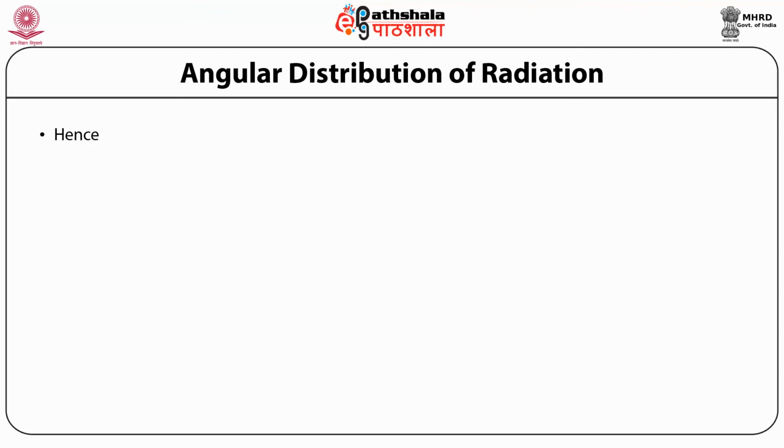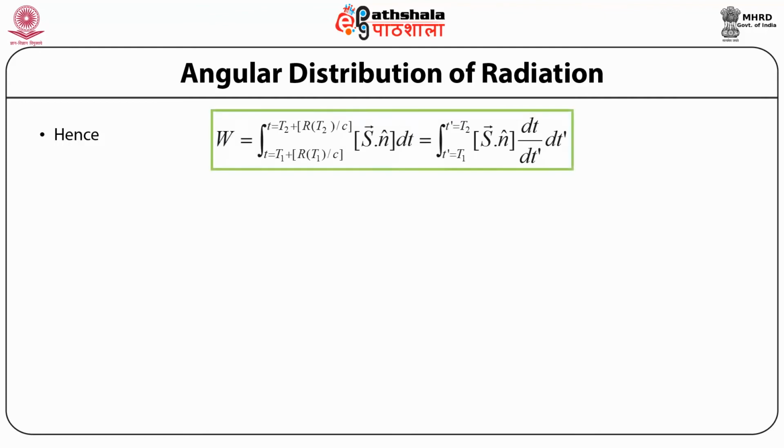So the total energy crossing this unit area during radiation by the charge is W equals the integral from t equals T1 plus R(T1)/c up to t equals T2 plus R(T2)/c of S dot n cap dt, which equals the integral from T1 to T2 of S dot n cap (dt/dt') dt'.